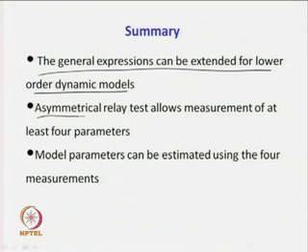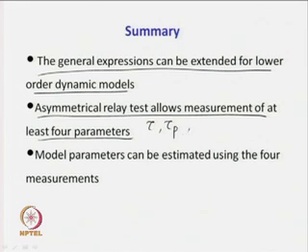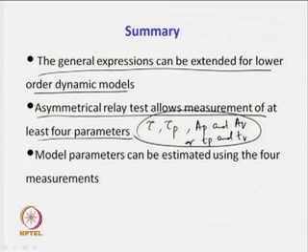Then, the asymmetrical relay test allows measurement of at least 4 parameters. What do we mean by at least 4 parameters? As you have seen, one can measure the span tau as well as the period tau p, whereas one can measure A p and A v or T p and T v. So, at least 4 measurements can be made, more measurements can be made, but only 4 expressions are to be solved simultaneously to find the 4 unknowns associated with the transfer function model.